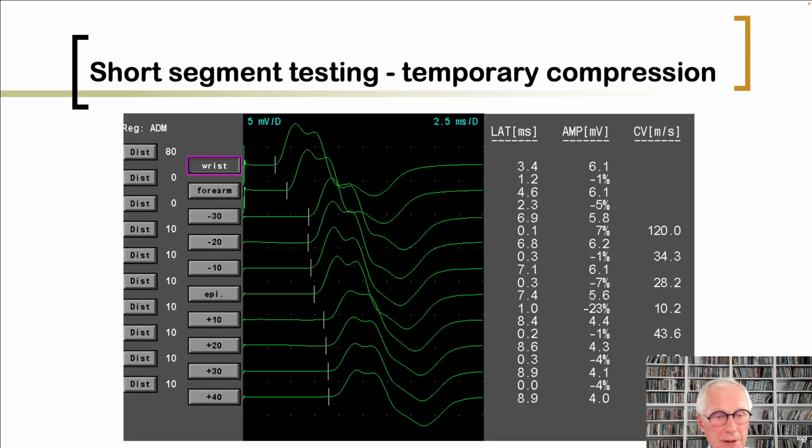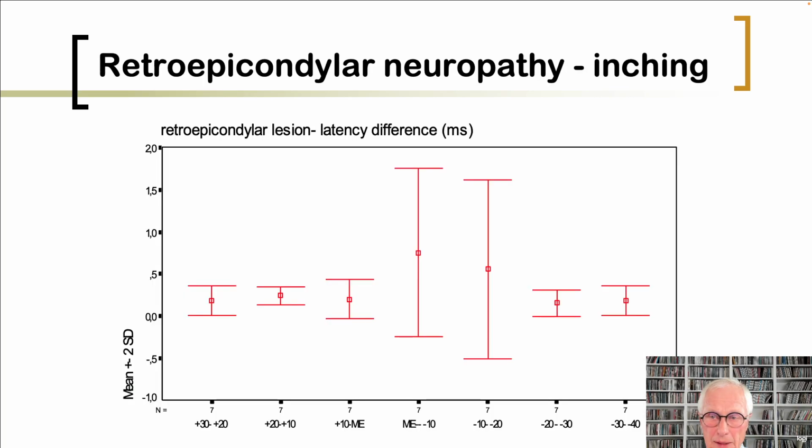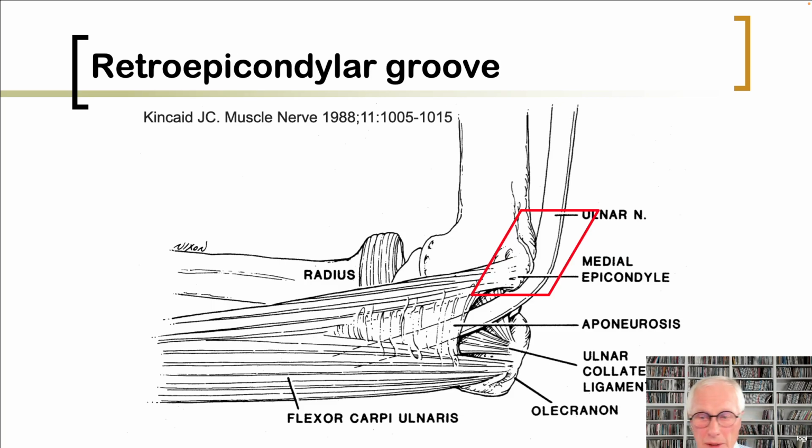If we have temporary compression, usually the abnormality is above the medial epicondyle. Here we see subjects with retroepicondylar neuropathy, and it's very clearly proximal to the medial epicondyle. So it's this region right here where the problem is, above our reference line here.